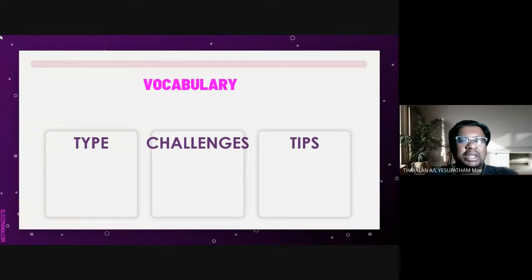Under vocabulary, there are only two questions. Firstly, we are going to look at the type, and then we are going to move on to the challenges, and then I'm going to share with you some tips as to how you could handle this particular task. After that, we have practices, of course.